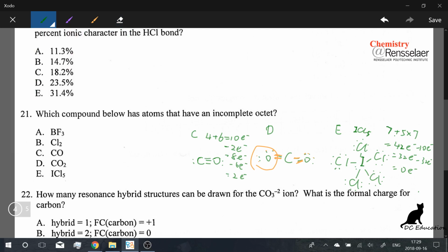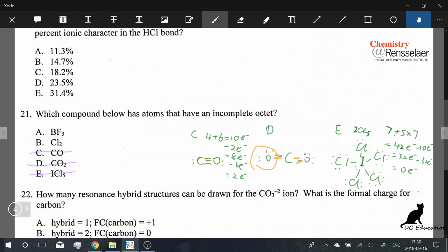Let me count it out: 1, 2, 3, 4, 5, 6, 7, 8 electrons. And this one is 8 electrons as well. So this one also has a complete octet. So C is also not the answer.